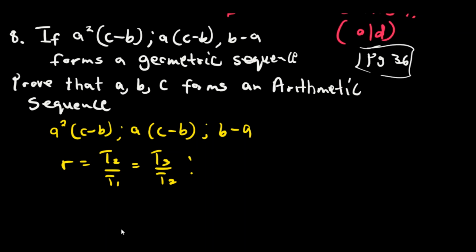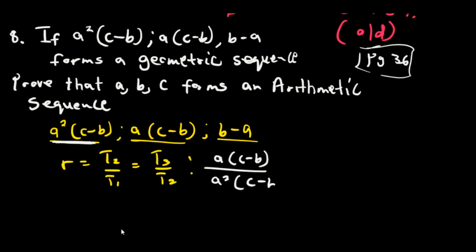So by substituting those terms, this would be term number 1, this is term number 2, this is term number 3. So term number 2 is a into c minus b, all over term number 1 here, which is a squared into c minus b, right?